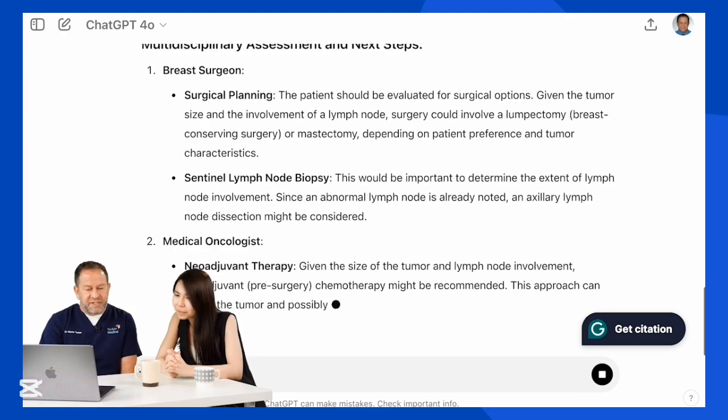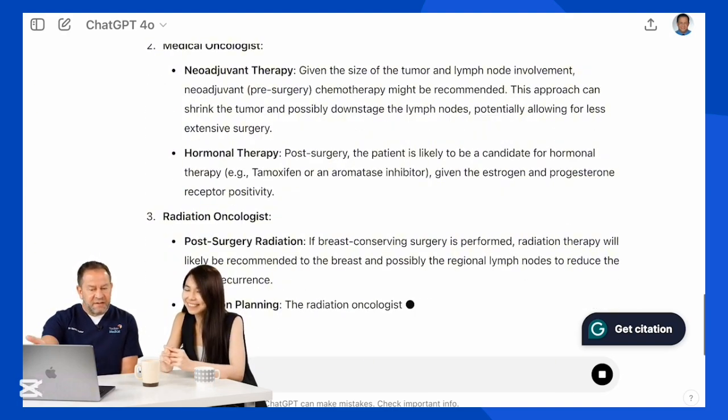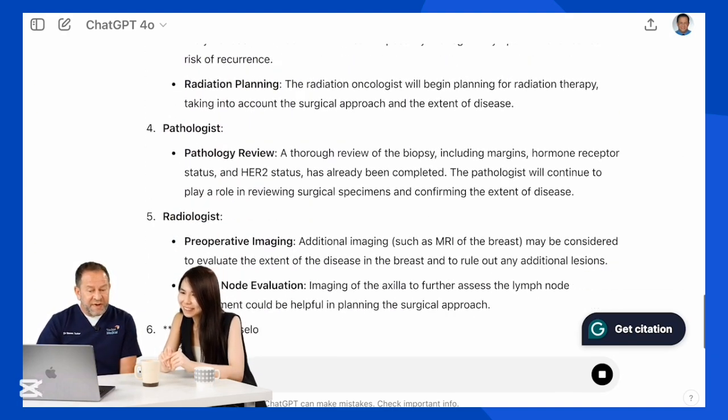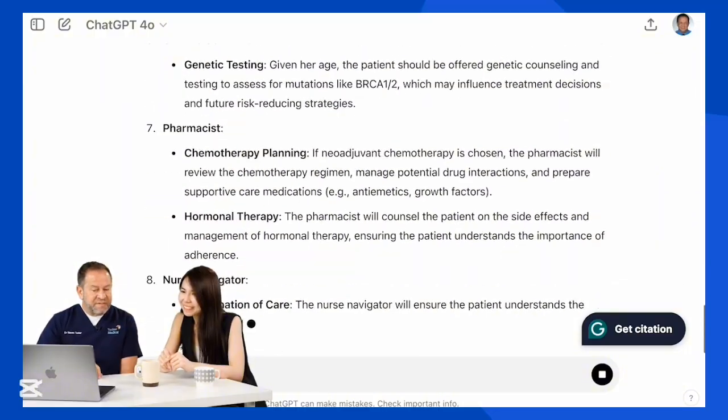So, given the information, surgical planning, consideration of preoperative chemotherapy, everyone's giving their opinion. I think for time, I'm going to jump ahead and say surgery's been done. And what I want to get to is the treatment being offered by the medical team, standard of care.